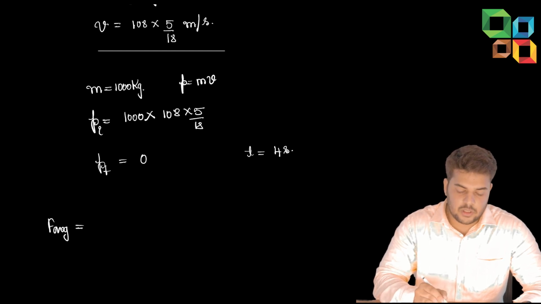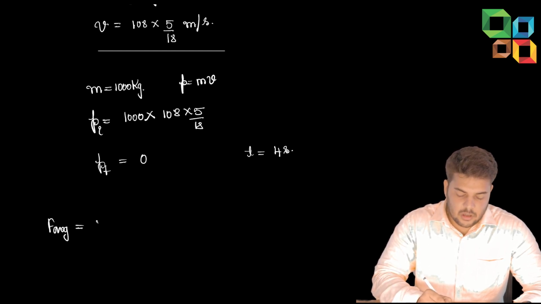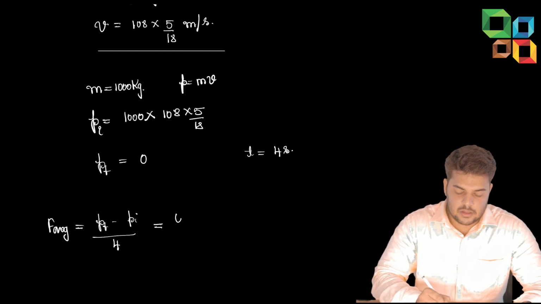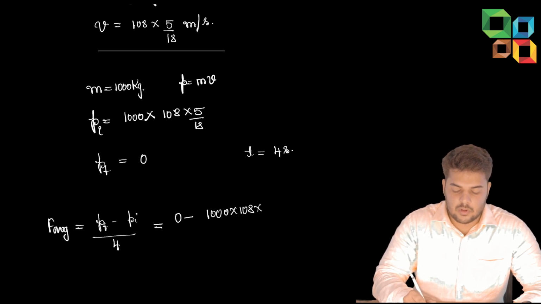I may write it as Pf minus Pi divided by the total change in time, which is 4 seconds. So Pf is 0 minus Pi, so that is 1000 into 108 into 5 divided by 18, the whole divided by 4.